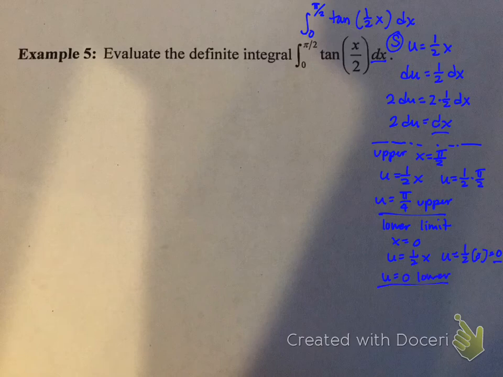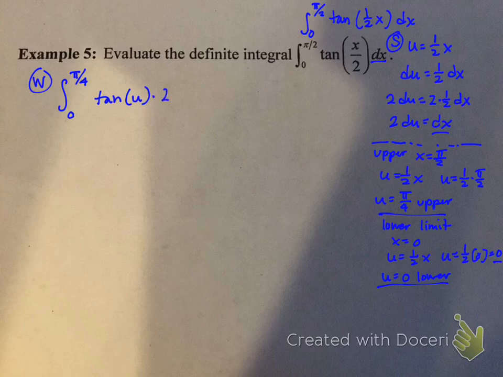All right, now we're ready to rewrite this. I'm going to integrate; the lower limit is now 0, and the upper limit is pi over 4. And I'm integrating tangent u times 2 du. So I'm going to kick the 2 out and integrate tangent u du.